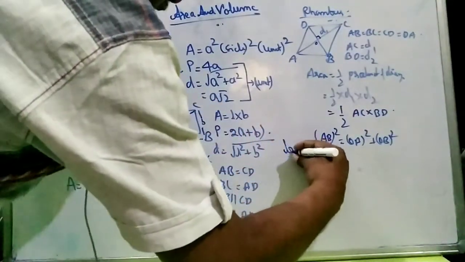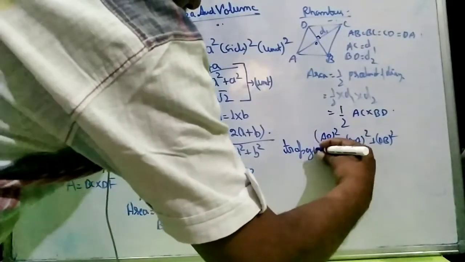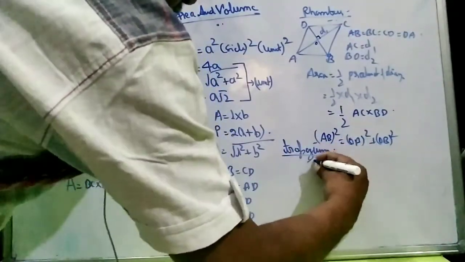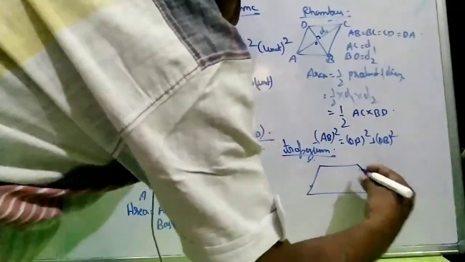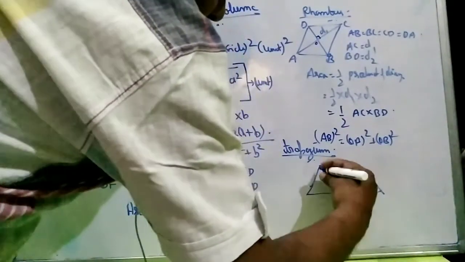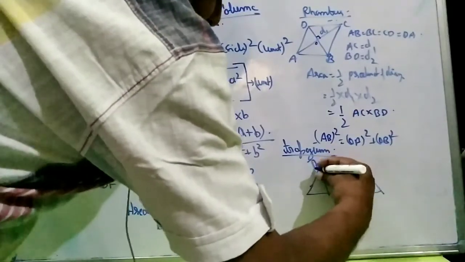And then comes the trapezium. In a trapezium, two sides are parallel, and this will be considered as the height AD.